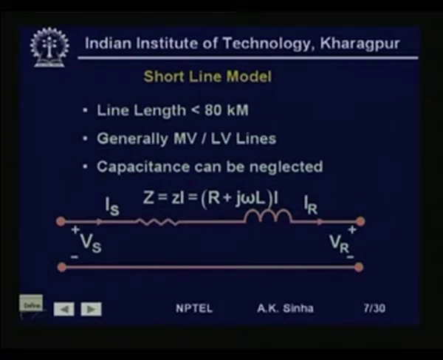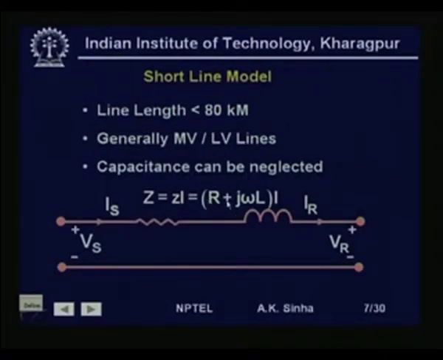Here the series impedance of the line Z is equal to small z into L, where small z is the per unit length series impedance, that is R plus j omega L per unit length, that is resistance per unit length and inductance per unit length, as we have seen we can calculate it for any line.